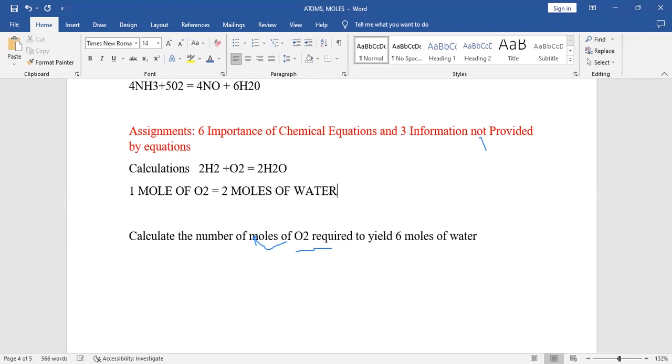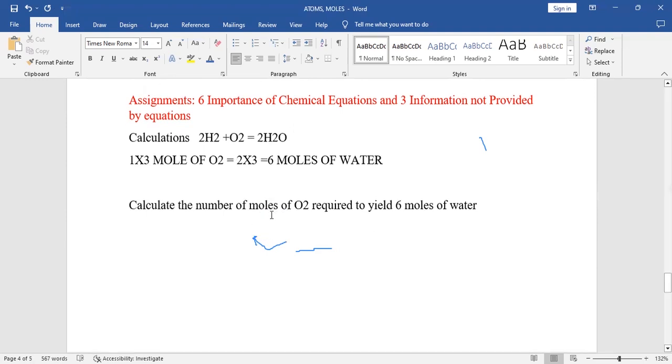So if you want to find how many moles of oxygen you need to give you 6 moles of water, you multiply both sides by 3. 2 times 3 will be 6. Then the other side too, 1 times 3. So you need 3 moles of oxygen to give you 6 moles of water. That's just an easy peasy thing.